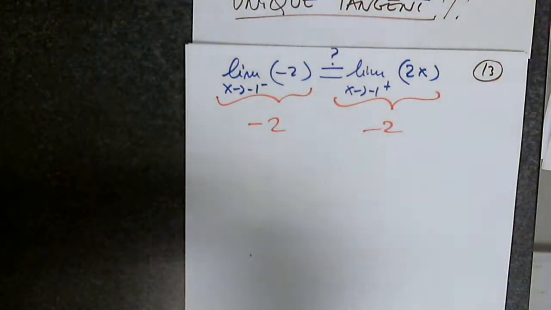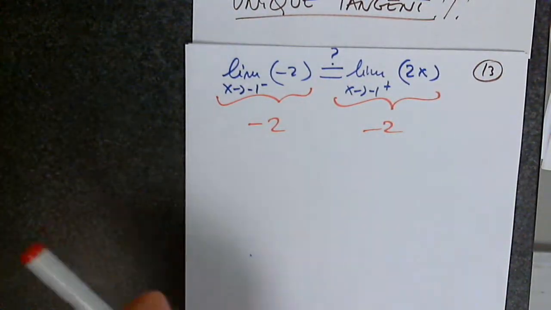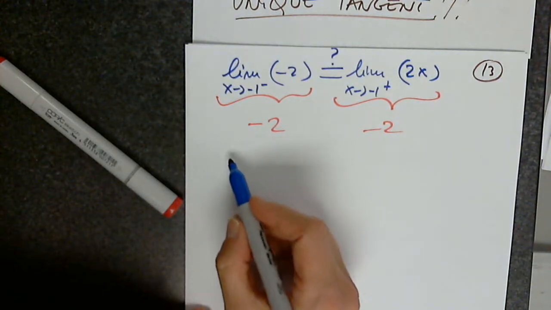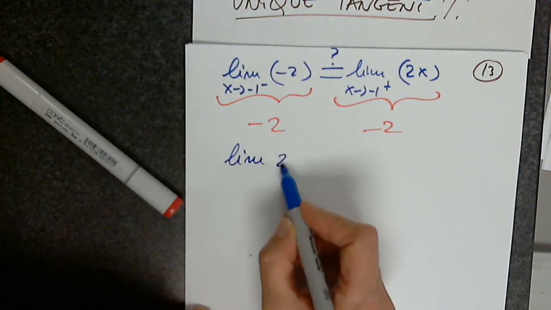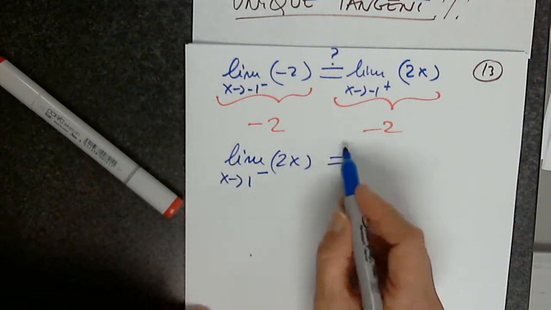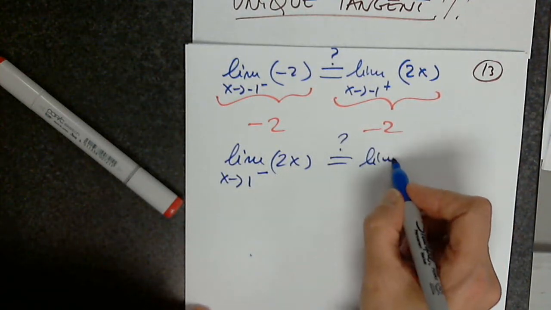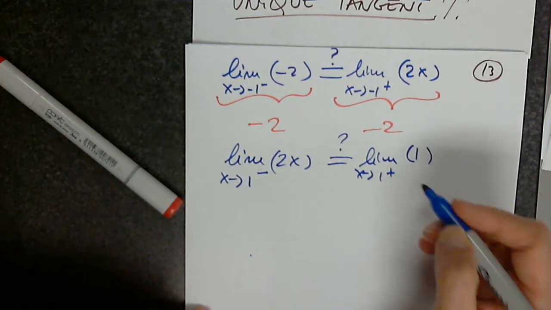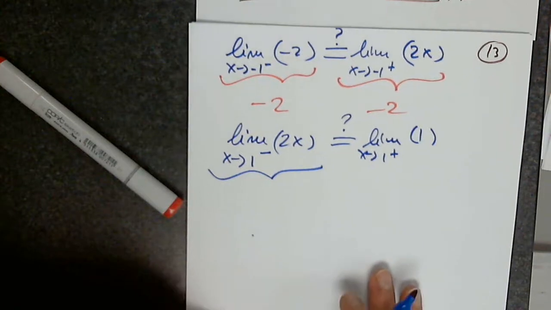Okay, so now let's try the other one. For the other one, I'm checking whether what? Can anyone dictate? Of 2x, as x approaches 1 from the left, does it equal the limit as x approaches 1 from the right of 1? What does this equal?